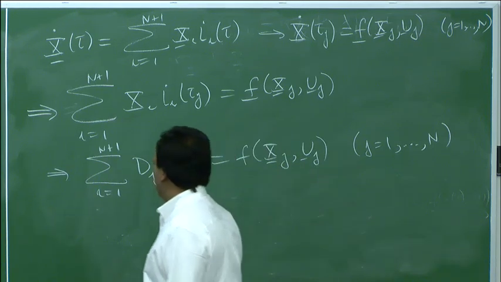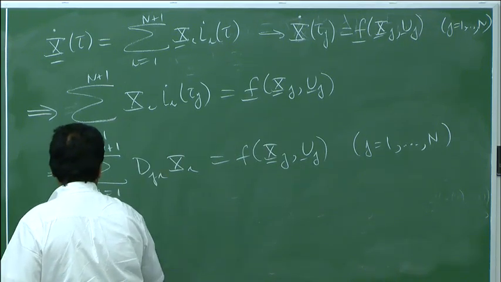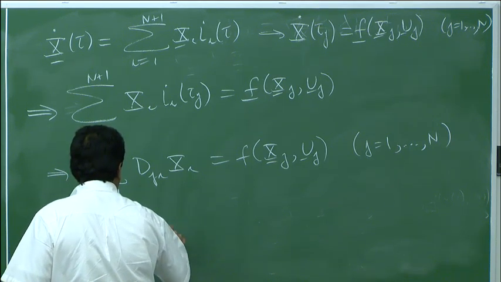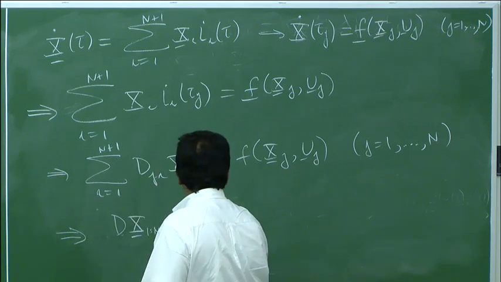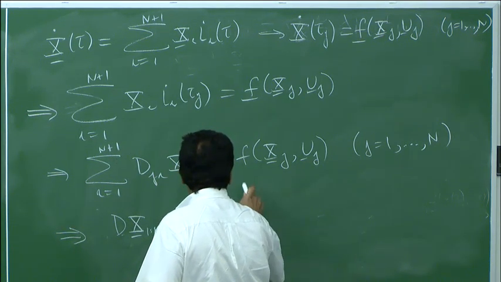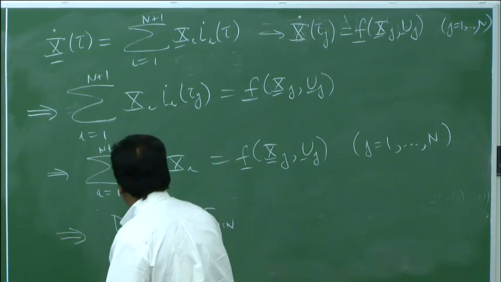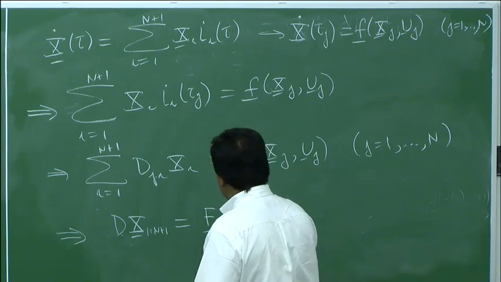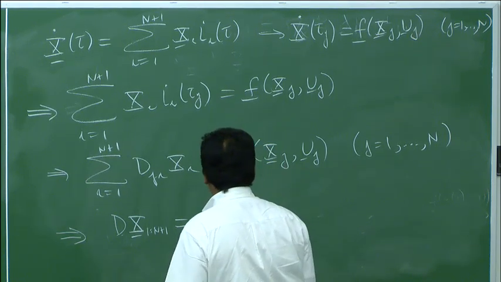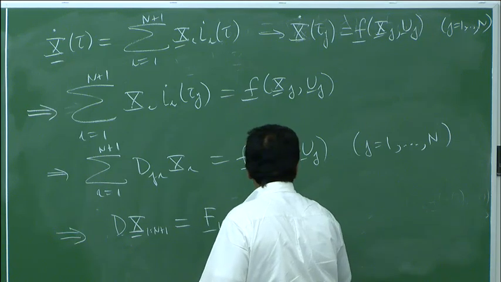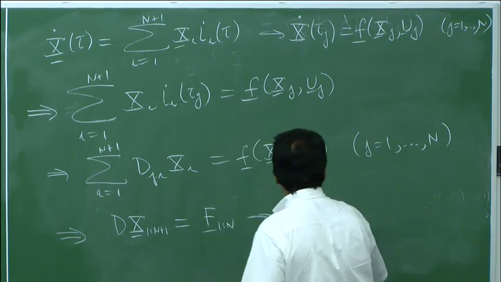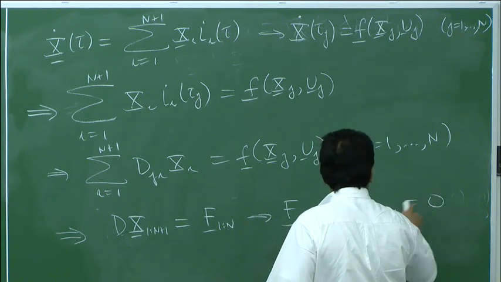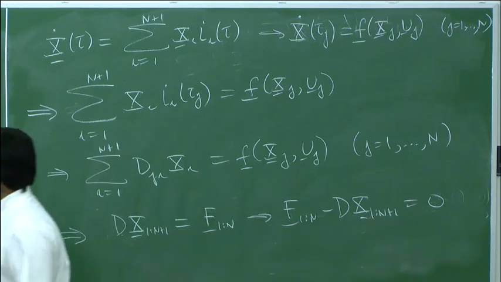Now, when we write this in matrix form, we get D times x_1 to n plus 1 equal to f_1 to n. So the right-hand side always contains the dynamics, or the vector field of the dynamics, evaluated at the collocation points. Of course, we can rewrite this as a constraint of the following form: f minus D times x_1 to n plus 1 is equal to 0. Okay? So that's what we get when we're done.